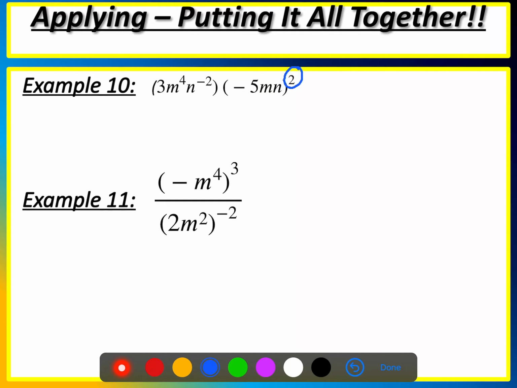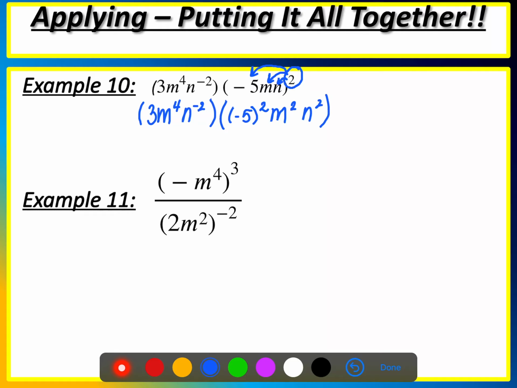So remember, this rule was called power to a power, and you have the exponent on the outside of a parenthesis. So that means we're going to distribute this in. Coefficients get raised and exponents get multiplied.